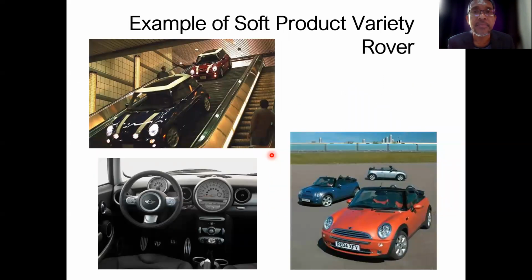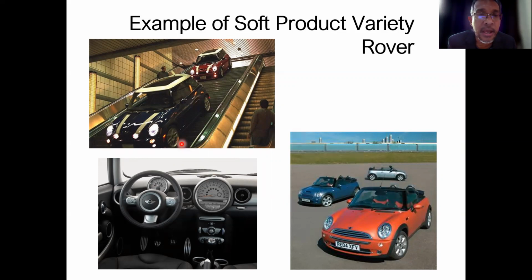And then an example for the soft. Soft normally uses common parts in the production. So you can see here the Rover car, they have several models and types they produce. This one has a moon roof, this one has an open sunroof.